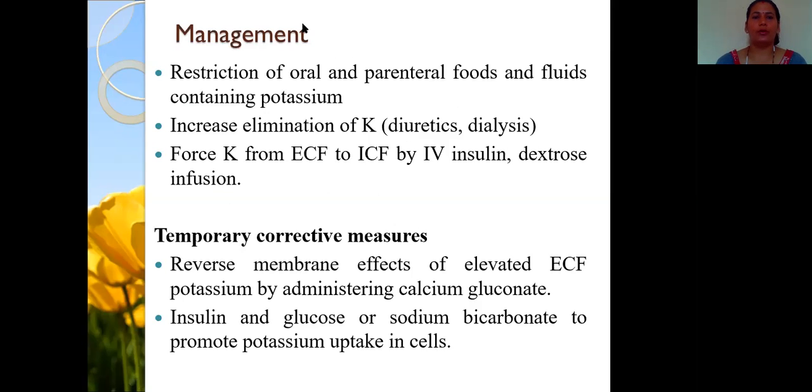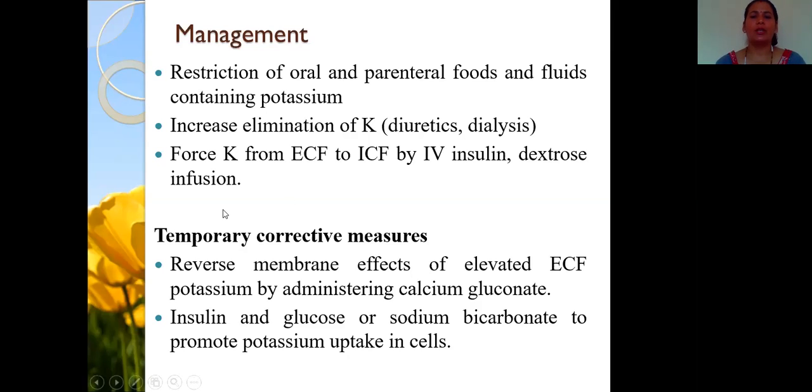Now, for the management, we can restrict oral or parenteral fluid and foods containing potassium, increase the elimination of potassium through the use of diuretics or dialysis, and force potassium from extracellular fluid to intracellular fluid by IV insulin and dextrose infusion.